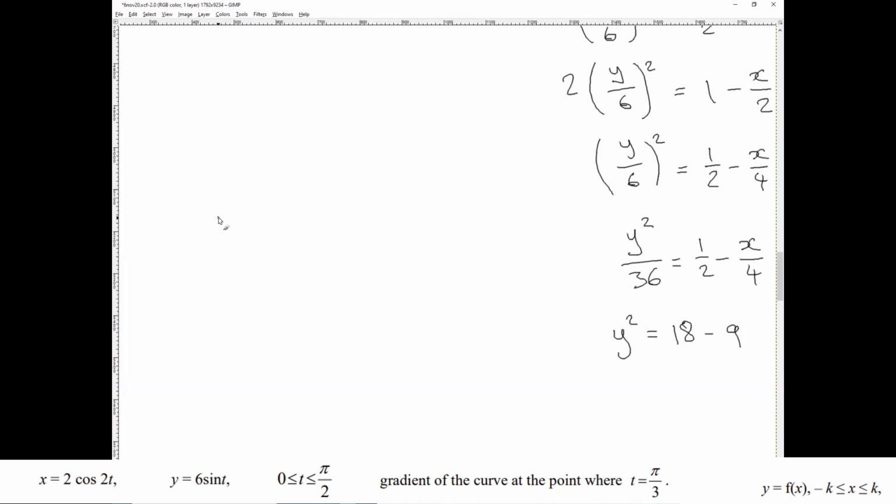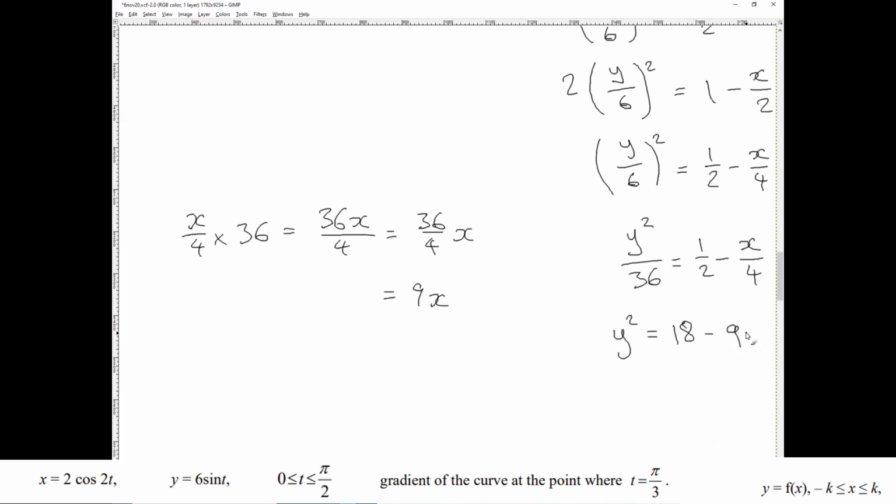So how are you seeing this? You're saying x over 4 times 36. Isn't that 36x over 4, or 36 over 4 lots of x? Oh, yeah. I was seeing it as 30. Oh, yeah, 36x over 4.